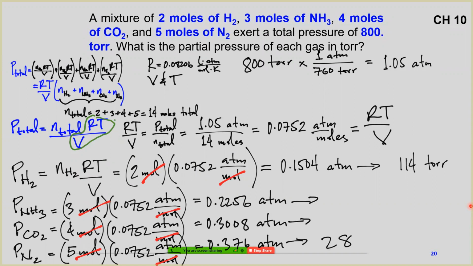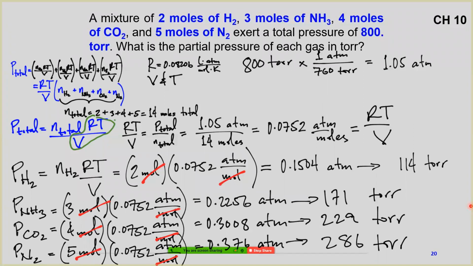This one is roughly 286. This one is 229. And the last one is 171. All right, so when you add up all these numbers here, it should add up to 800 torr.